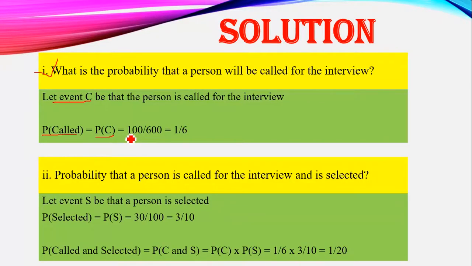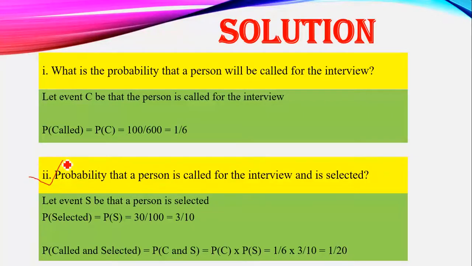For you to be called for the interview, to get this probability, it will be the number of persons who will be called out of the total population. So 100 would be called for the interview out of the total 600, and therefore the probability of being called for the interview is a sixth.